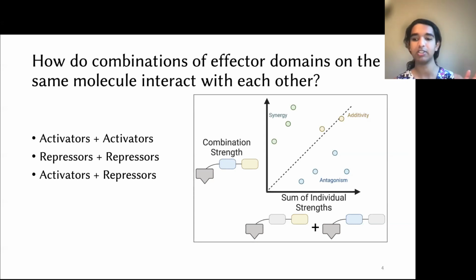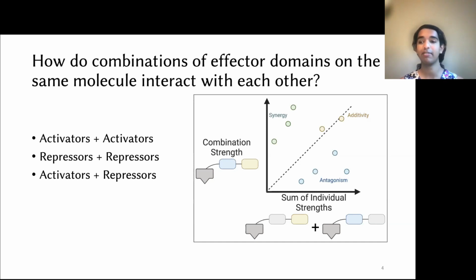And so the way we tried to organize this was to map the strength of a combination of effector domains versus the sum of their individual strengths. If the strength of the combination is much higher than the sum of the individual effector domains' measured strengths, we think of that as synergy, where you put them together, they work better than you would imagine based on how they work on their own.